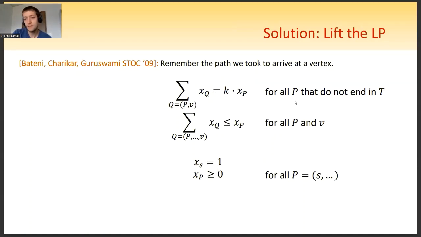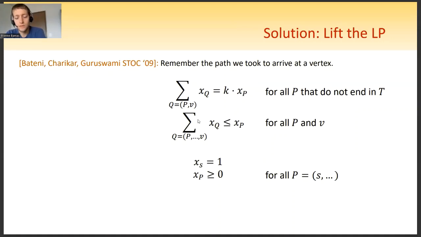If I have a path P that does not end at a sink, then it should be continued one step. So I can look at all the paths Q that continue that path P for one more step away. Then all these paths Q together should sum up to at least k times how much you took that path P.